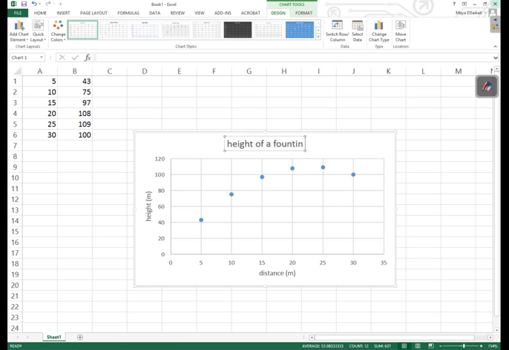You have to highlight the values. Are we all caught up to this point?